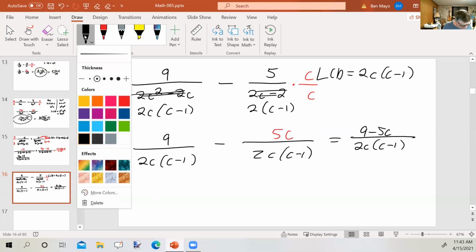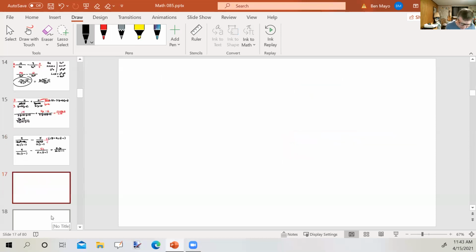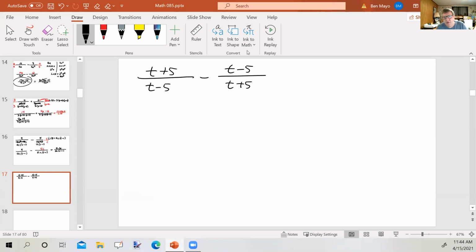Let's see here. Let's take a look at this problem. T plus 5 over t minus 5 minus the quantity t minus 5 over t plus 5. T minus 5 is factored completely, t plus 5 is factored completely, so my least common denominator is going to be t minus 5 times t plus 5.